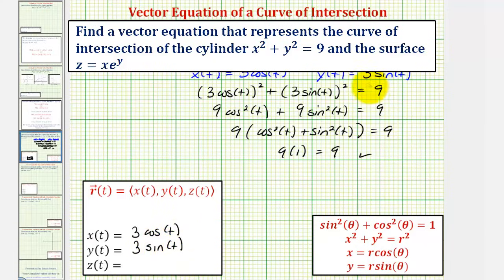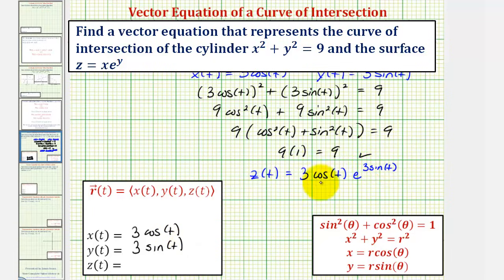But remember, these also have to satisfy z equals x times e raised to the power of y. But because this equation is already solved for z, it's just a matter of performing substitution, where z, or z of t, would be equal to x times e raised to the power of y, where x is 3 cosine t, so we'd have 3 cosine t times e raised to the power of y, so we'd have e raised to the power of 3 sine t.